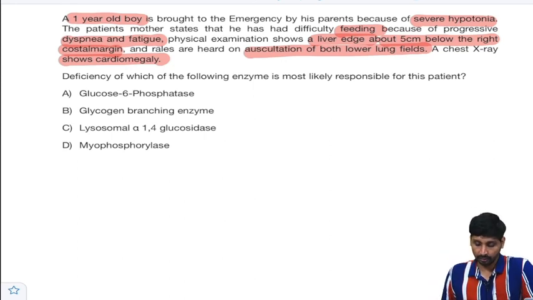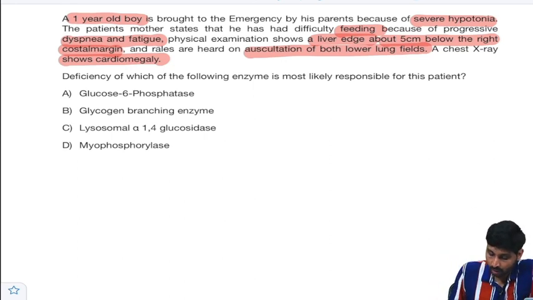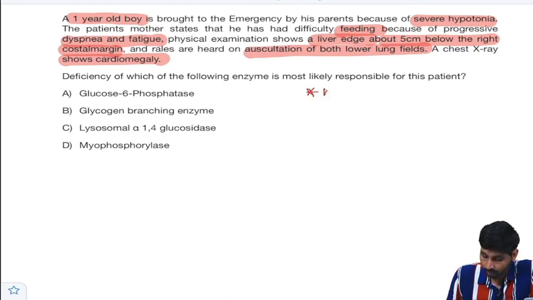So here, the keywords, what are they? One is hypotonia. Next is dyspnea, difficulty in feeding.